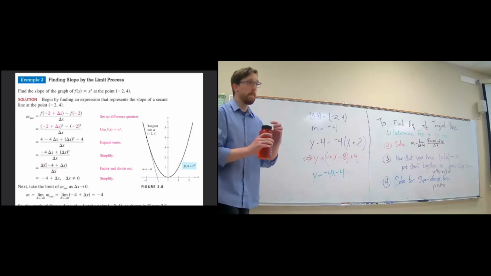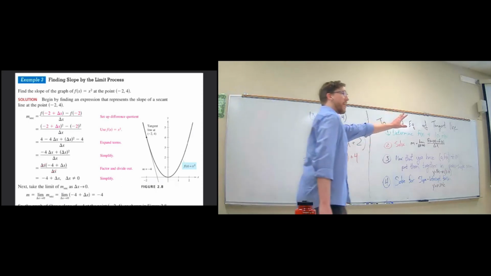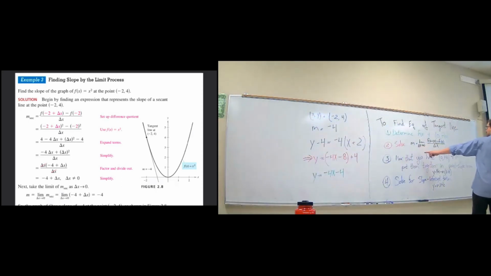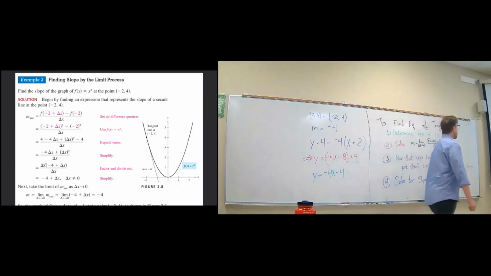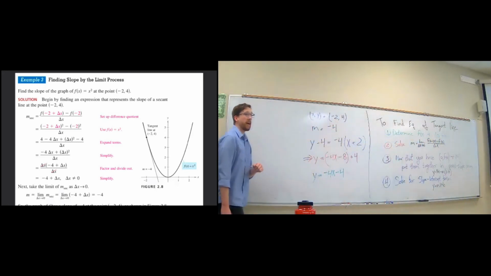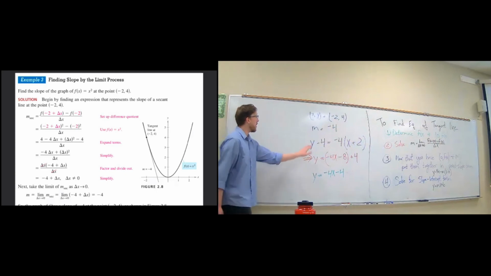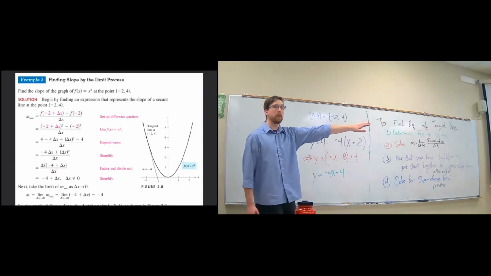Now, what we just did was we said, all right, they went ahead and solved part 2 for us. That is all this. So we have our x, y, that's -2, 4, and we have our slope. The equation we were given was x squared.